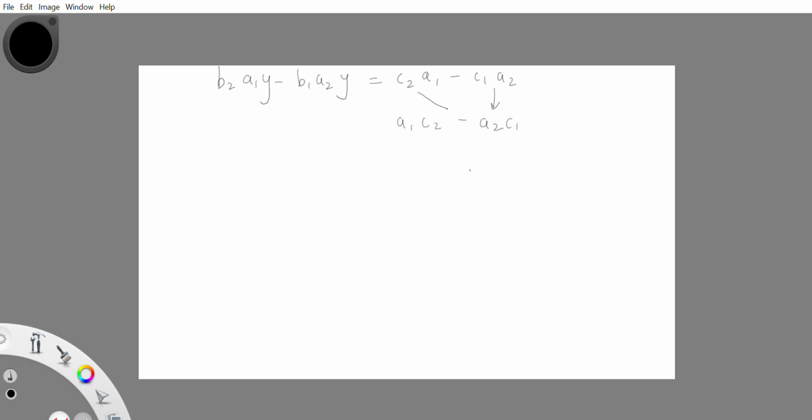It does not change the total value of the right-hand side. On the left-hand side, y is common, so I'm going to take y common. I have a1 b2 minus a2 b1 is equal to a1 c2 minus a2 c1.